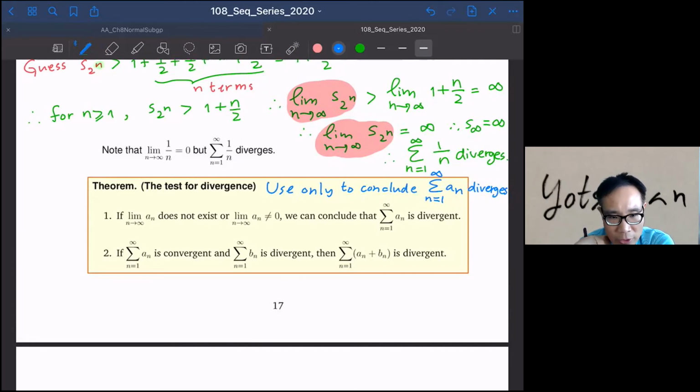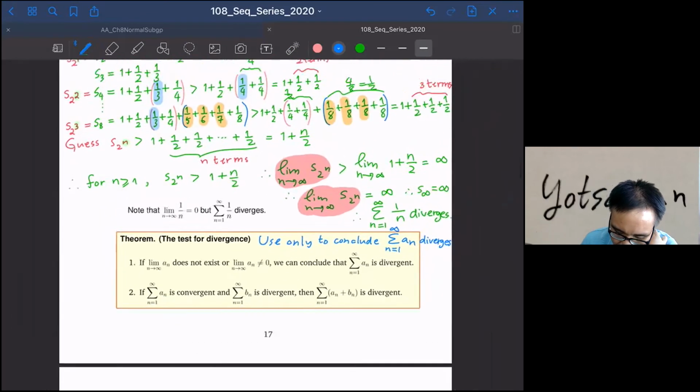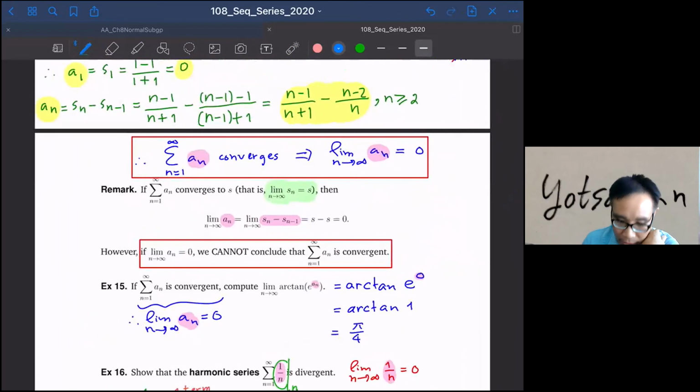And if you have one series convergent and another series divergent, the sum turns out to be divergent. Okay, this one comes from this proposition here. So if you have this series converge, the limit must be 0.